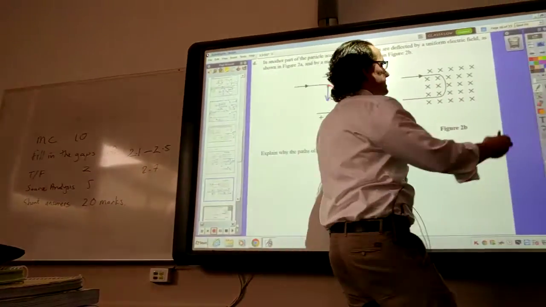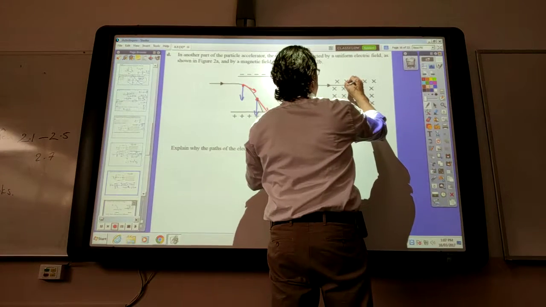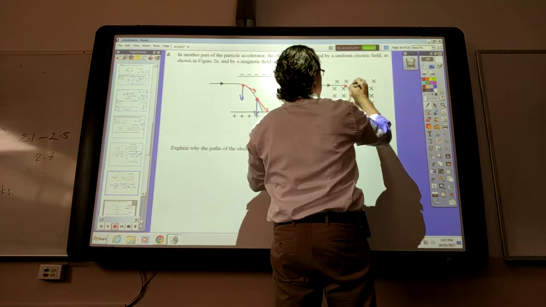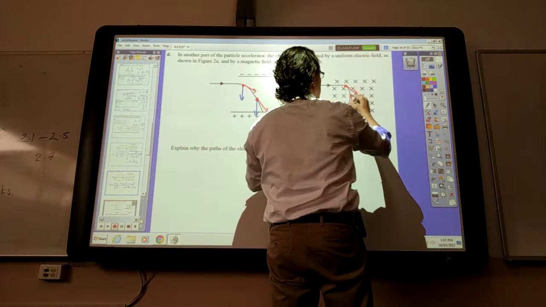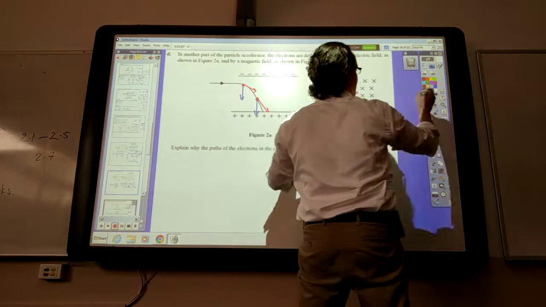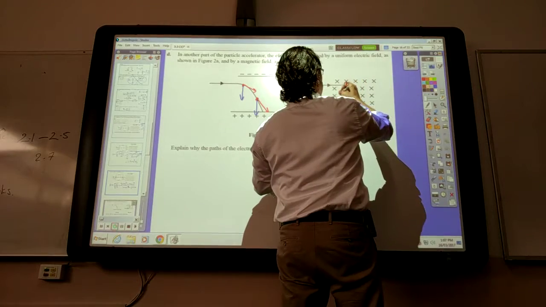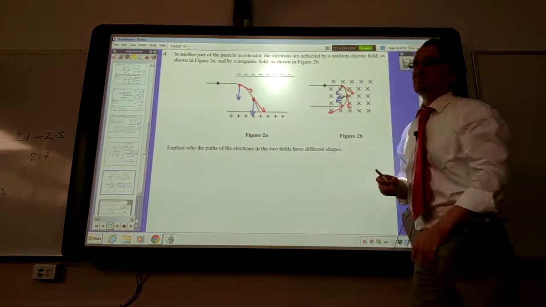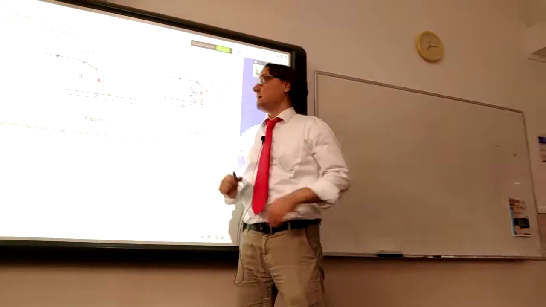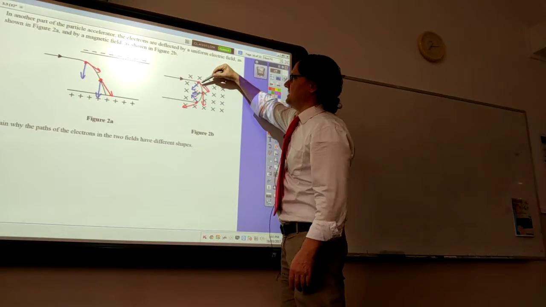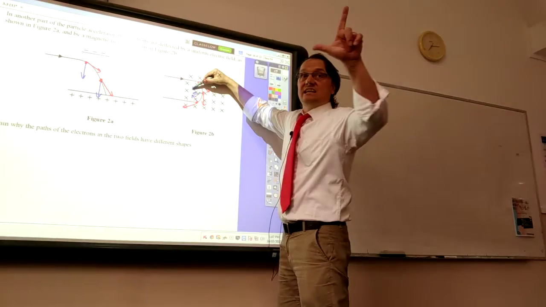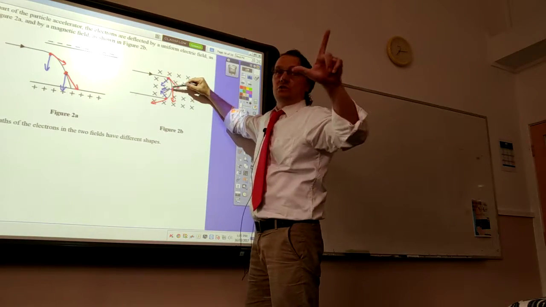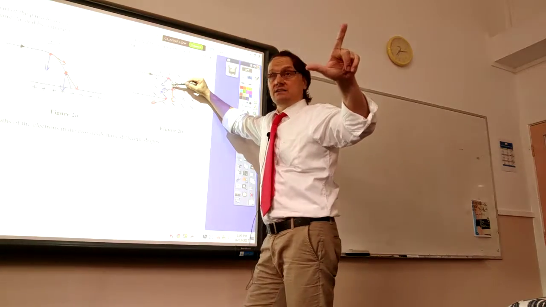But when you look at the magnetic field, when the velocity changes direction in a magnetic field, the force says, look, tell me what you are, and I'm going to organize myself accordingly. If the velocity is in that direction, force stays at right angles. Velocity changes direction, force stays at right angles.